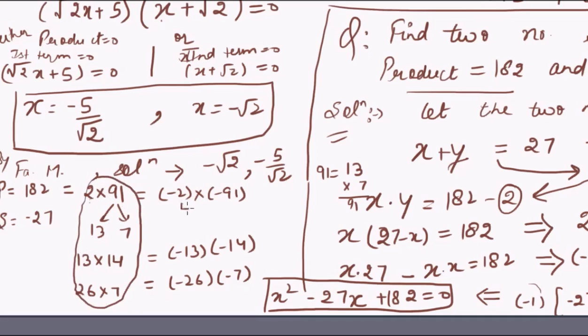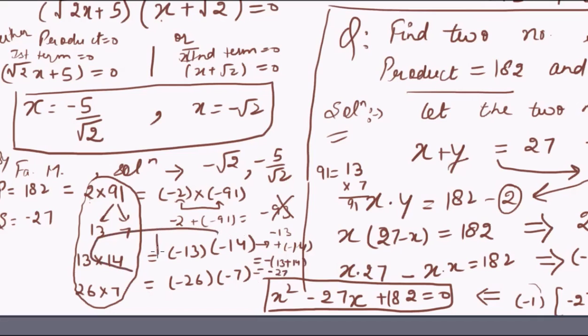If we take this product, then -2 plus -91 is -93, which is not equal to the sum. If we take these terms, then -13 plus -14 is -27. So this is the required pair.